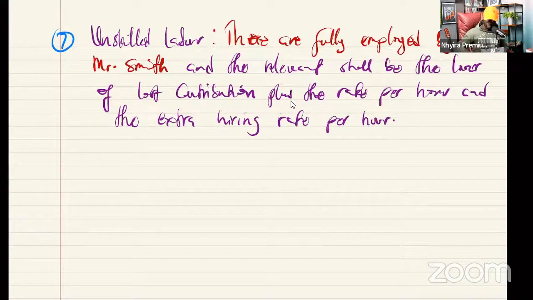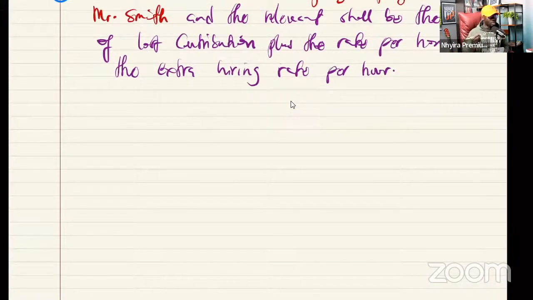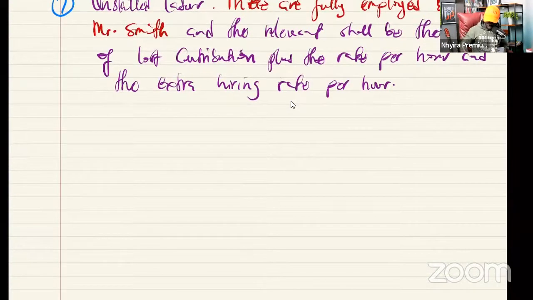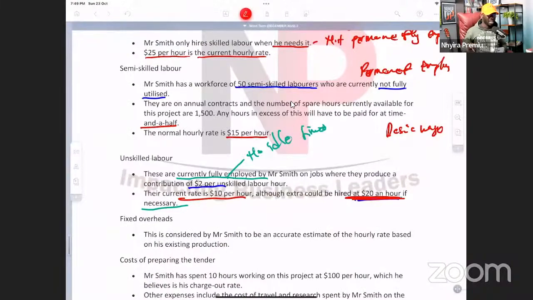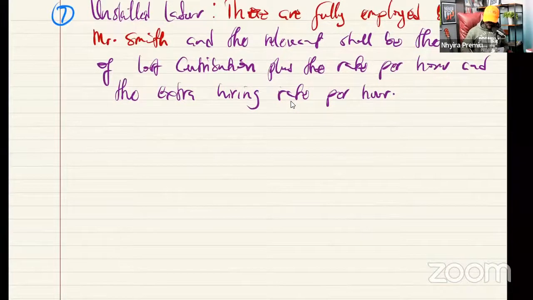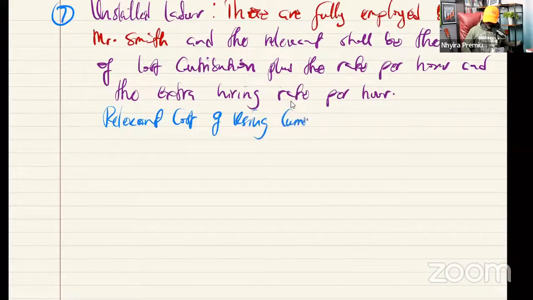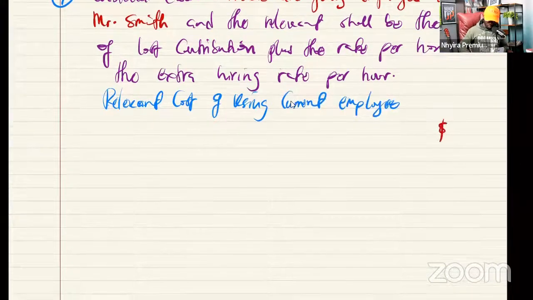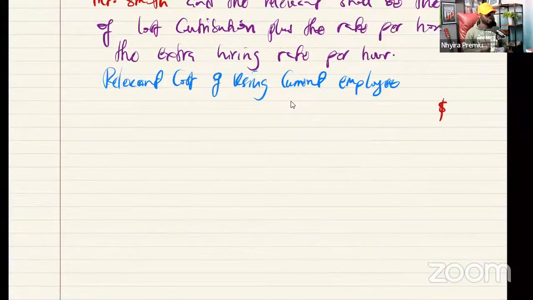So let's explain that. Because these guys are fully employed, let's look at their rates. Now, for the extra hours, we've been told it's $20 per hour already. That's on the high side. But if we used our own employees, the relevant cost of using current employees: if we move them from the current job, they will have to lose money.